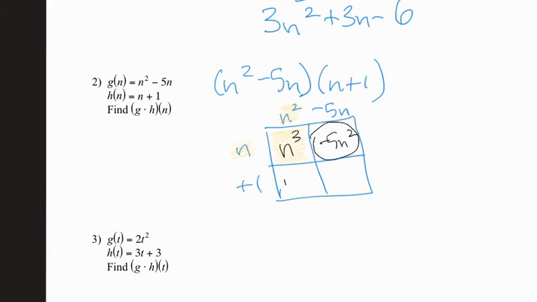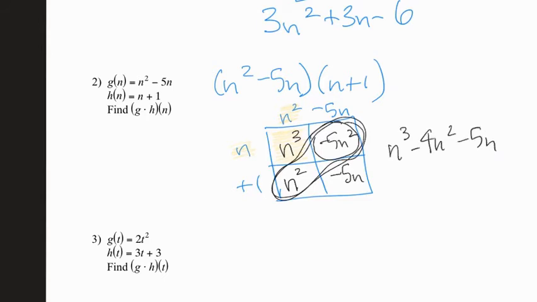Down here, again, multiplying n squared by 1, that's n squared. And this becomes negative 5n when I multiply negative 5n by 1. So then I combine my like terms, right? These two terms are like terms, and I get n cubed minus 4n squared minus 5n.